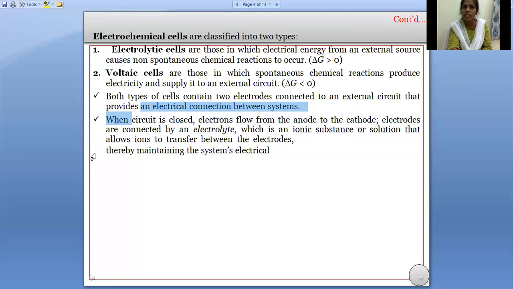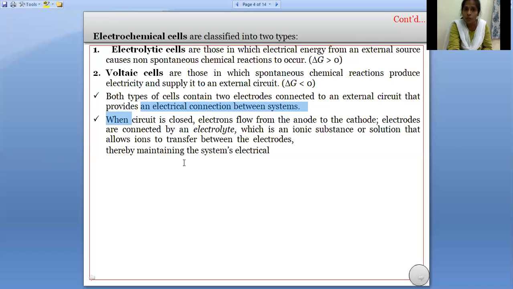Both types of cells contain two electrodes connected to an external circuit that provides an electrical connection between systems. Whether it is an electrolytic cell or a voltaic cell, both contain two electrodes, the anode and the cathode, connected with the help of an external circuit, that is, the source of electric current.